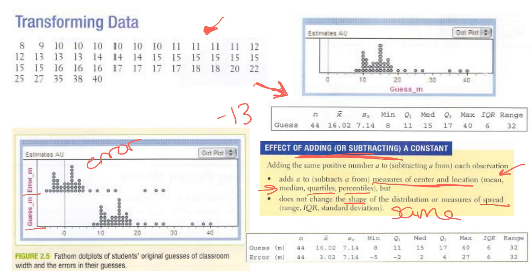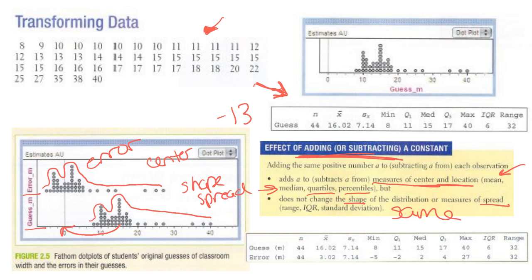And if you look, the shape and the spread is exactly the same, right? They have the same shape here, and they have the same spread. What they don't have is the same measures of center, because the whole dot plot has been shifted down by 13. So the measures of center are going to be different, which will change the mean, the median, the location of Q1 and Q3.